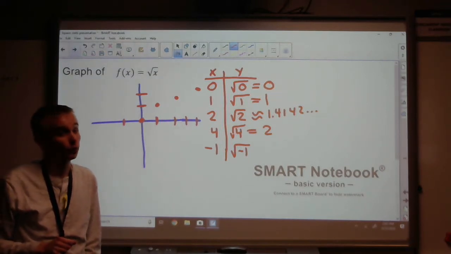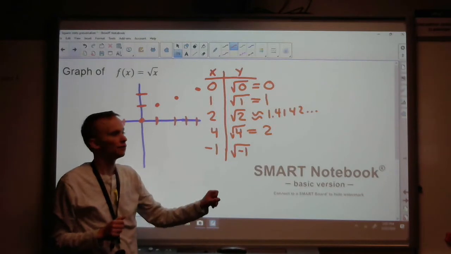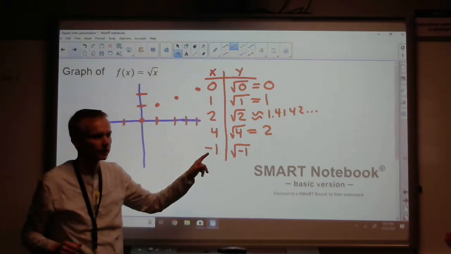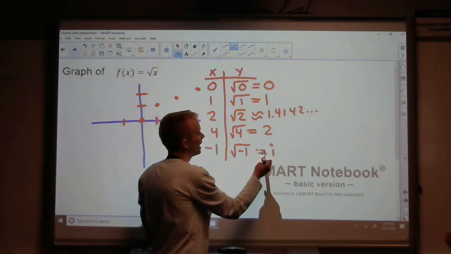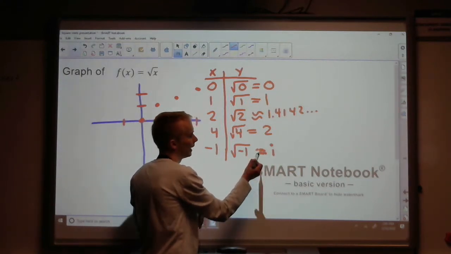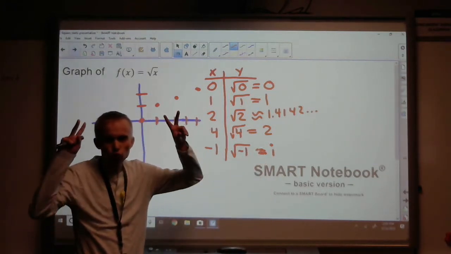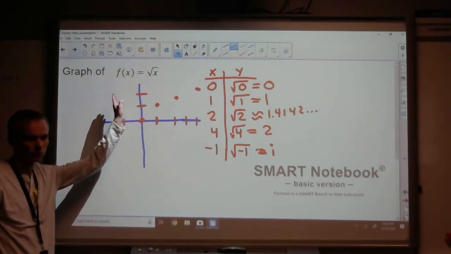If you try and throw that in the calculator, it will say error. In fact, we had a special name for this number, okay? We said that this was i. This was an imaginary number, okay? But i isn't a real number, so we can't see it here on our y-axis.